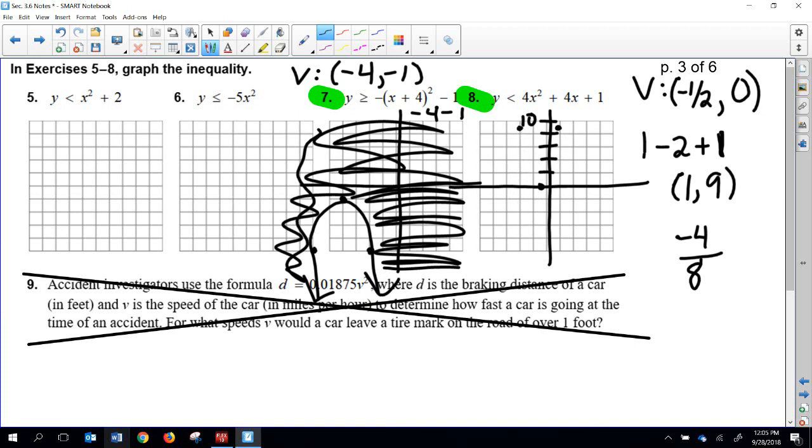I have to look at the inequality. Am I going to make it dotted or solid? Dotted. So I'm going to make a dotted inequality. Then I have to look at what it's saying. It says less than. So am I going to shade above or below the y's that are less than the parabola? Below. So I would shade all of this region.